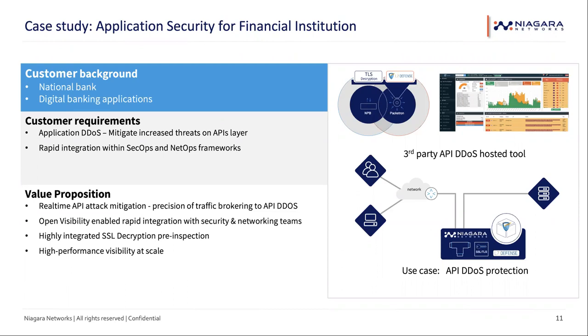So a real-time API inspection before these calls are sent to the system. Integrating both applications on the packet broker enables us to assure that decrypted traffic is not leaving the packet broker and this information is not seen in a decrypted form outside the packet broker. So it's a secure platform for the customer.